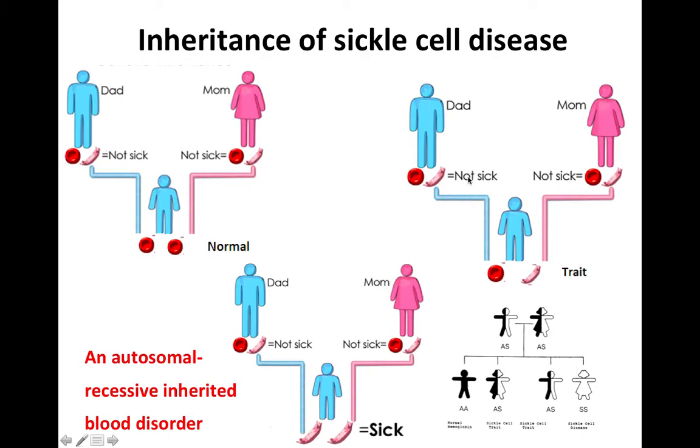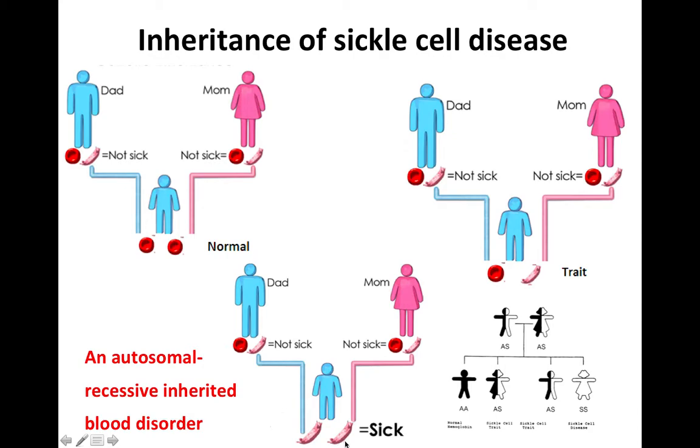If mother and father both contribute normal hemoglobin, then the sibling will be absolutely normal. Whereas if father or mother contributes one defective and one normal, that becomes a trait or a carrier. He is a carrier and will not develop any symptoms of sickle cell anemia.